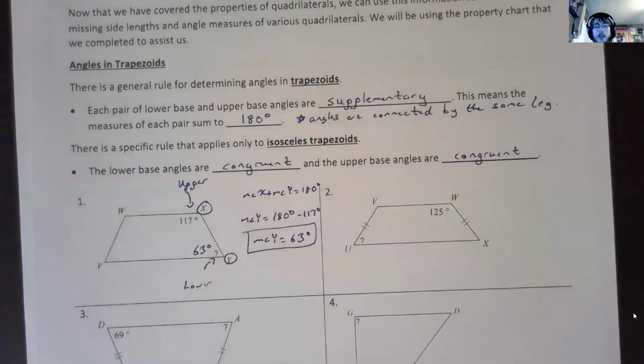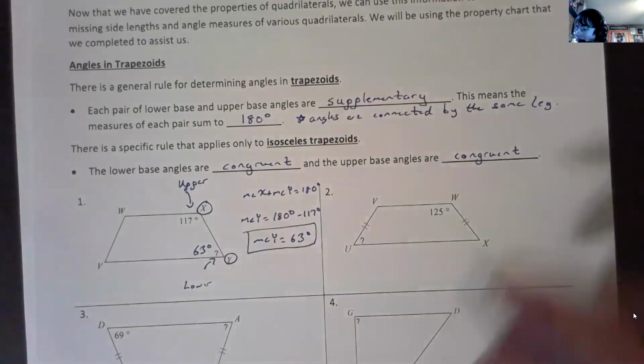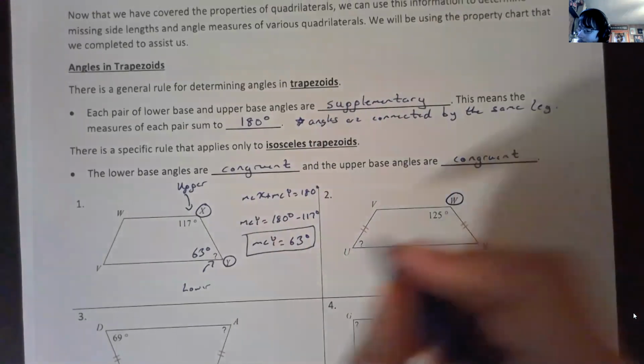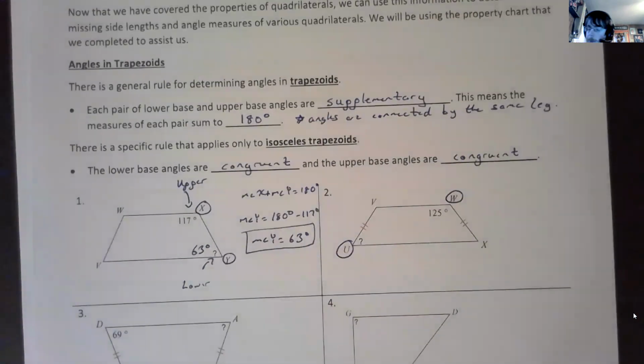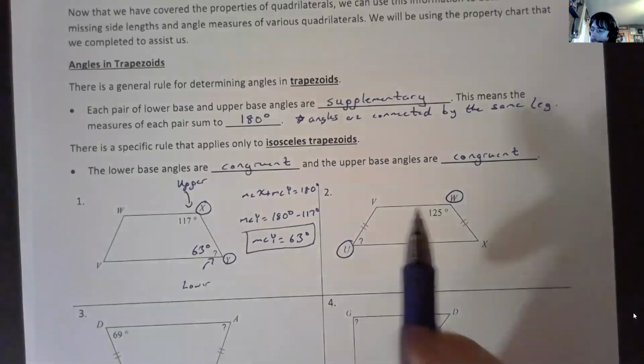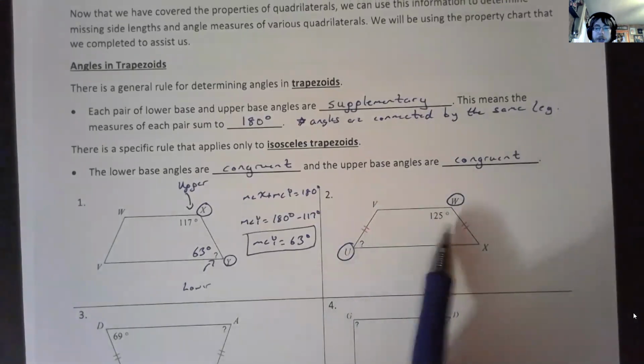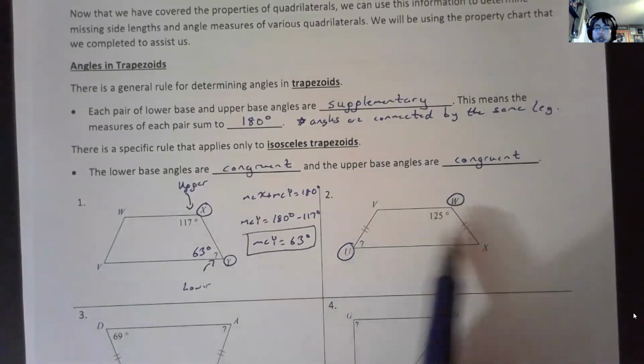Okay, now let's look at number 2. Again, we have angle W and we want to find angle U. We determine, is this a general trapezoid or an isosceles trapezoid? We can tell by the 2 side markings here that these 2 sides are congruent.